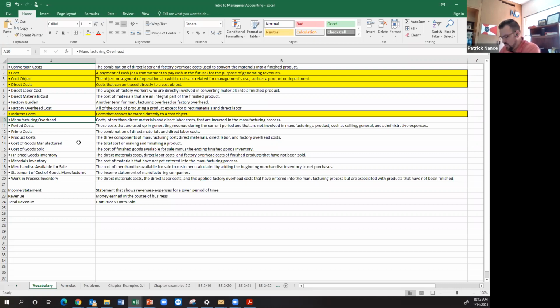Instead, what I'm going to do is allocate, which is just a fancy word for split up in some logical form or fashion, those costs and put them into little buckets that will show how much each of those products, in my example of 3 products, receives of that indirect cost allocation.